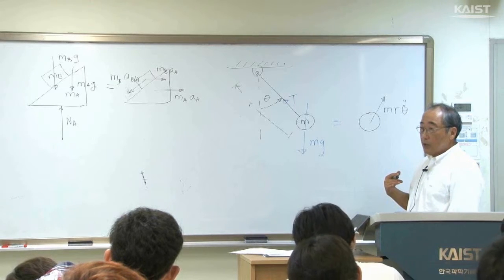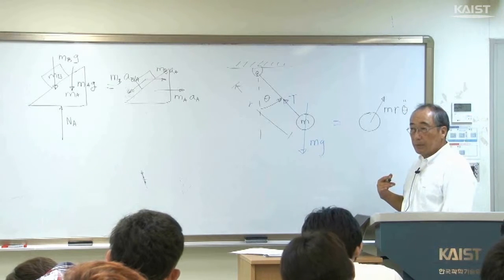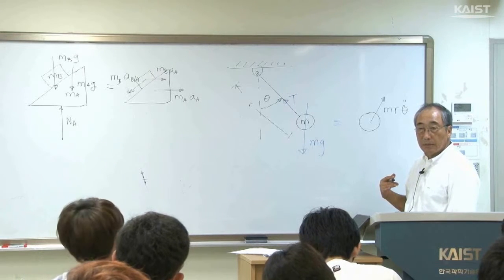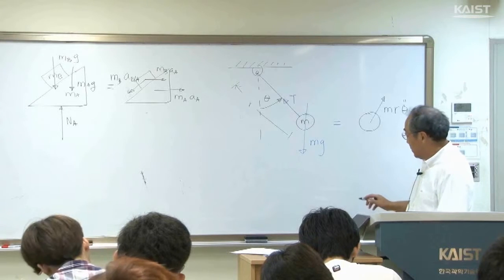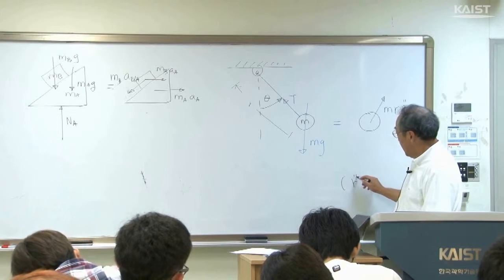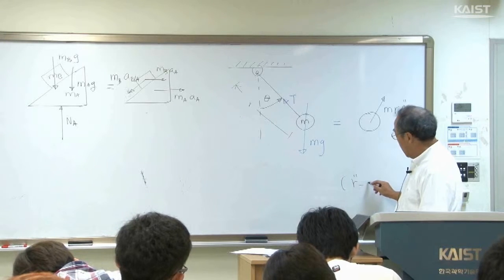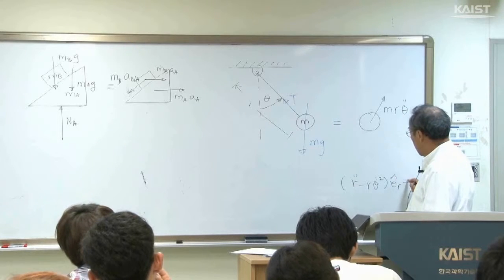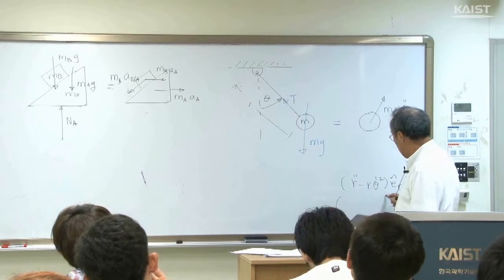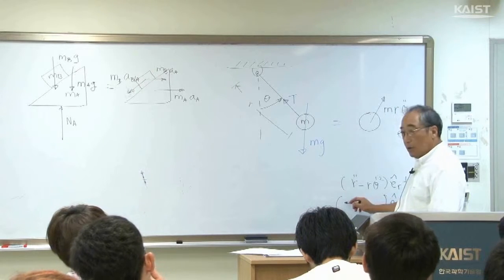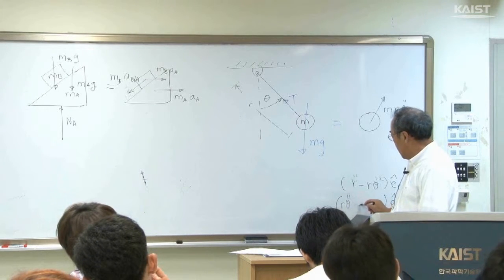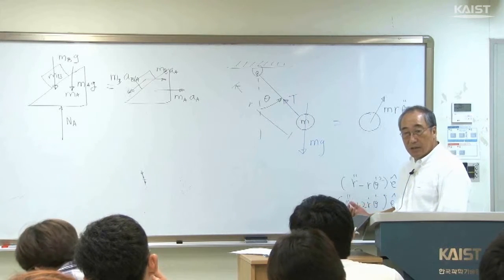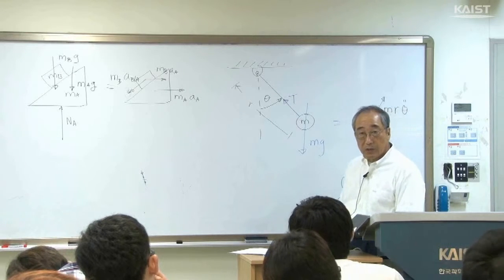What other acceleration is possible in r direction? Everybody forgot? In r direction, r double dot minus r theta dot square, that is the r direction acceleration. And then the other acceleration in theta direction, there was angular acceleration plus Coriolis acceleration. In this case, r is constant, therefore no Coriolis acceleration is possible, right?